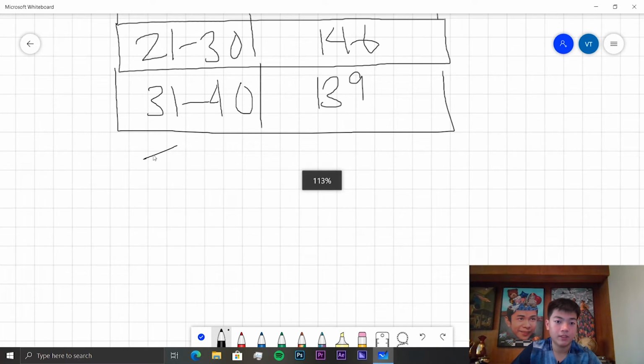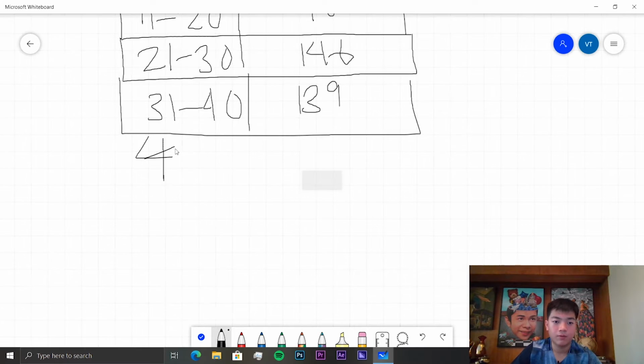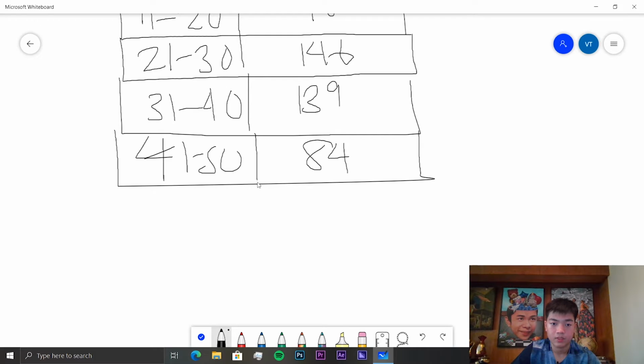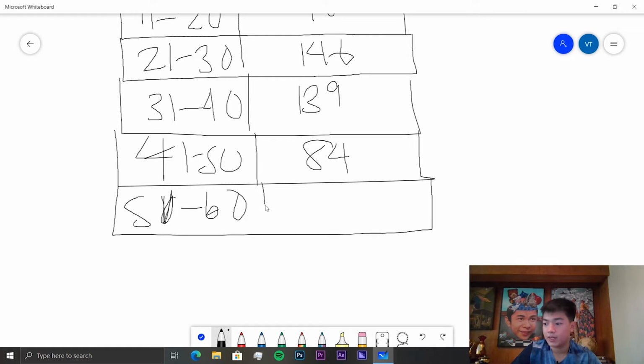Next we have 41 to 50, and this is 84. Next, 51 to 60, and this one had 32. And finally, 61 to 70, which had 20.